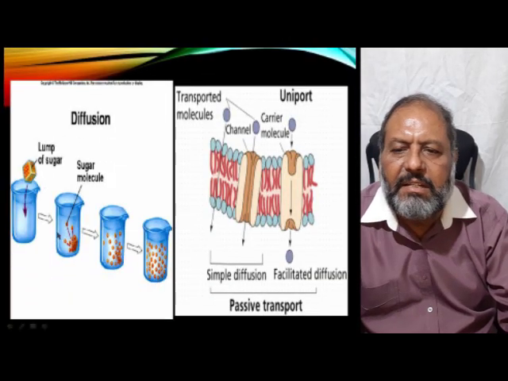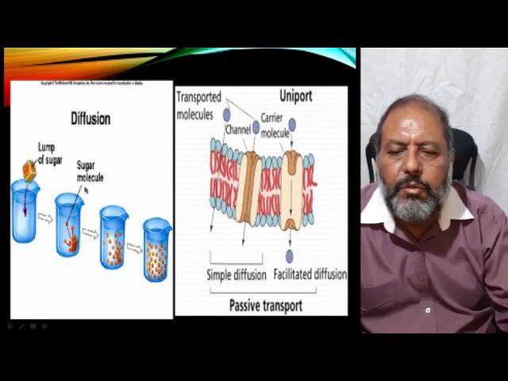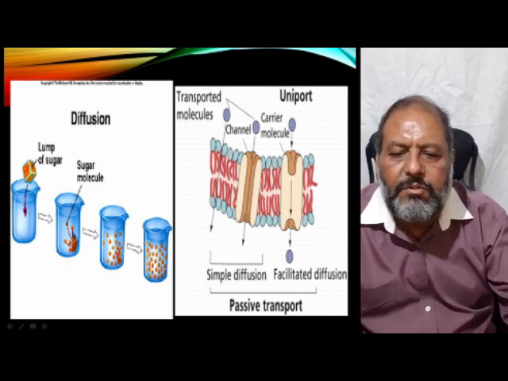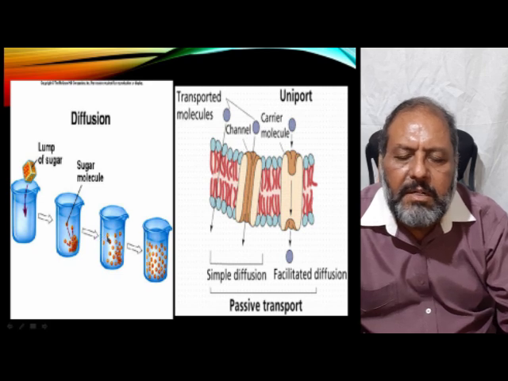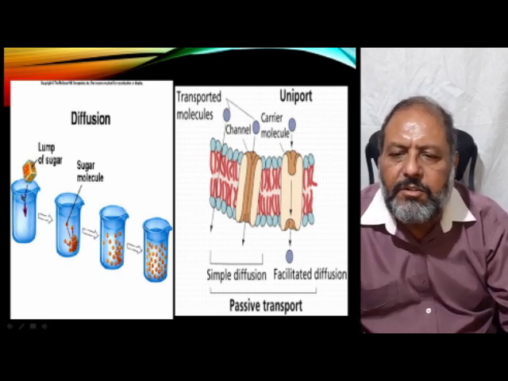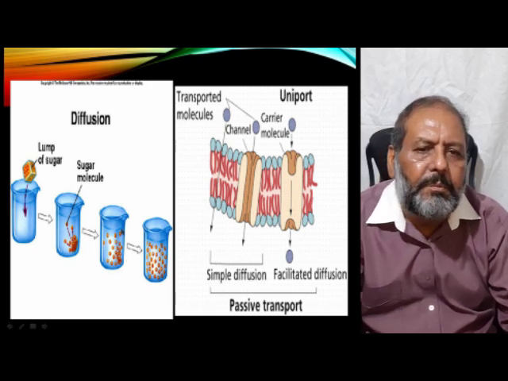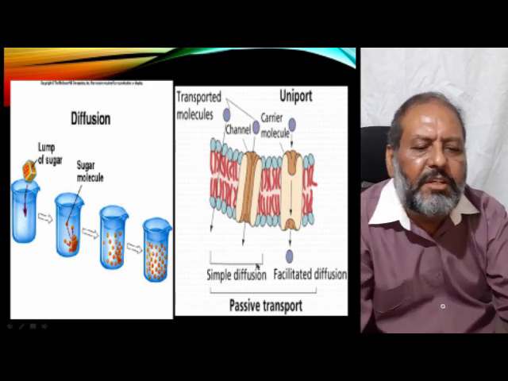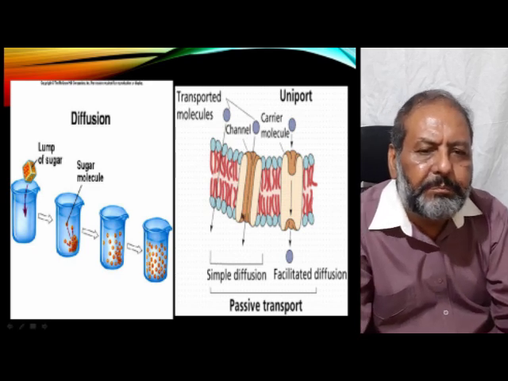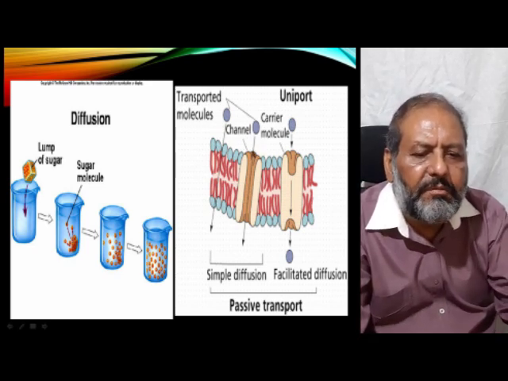So here one can see a lump of sugar in a jar, and the sugar molecules do travel here and here. Ultimately, from the higher concentration to the lower concentration, the molecules of the sugar will be equal. Here one can see the passive transport. One can see the molecules simply diffuse very easily.